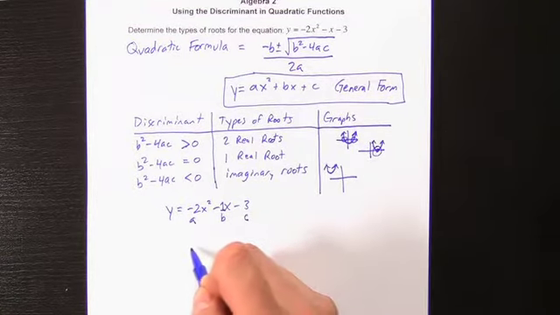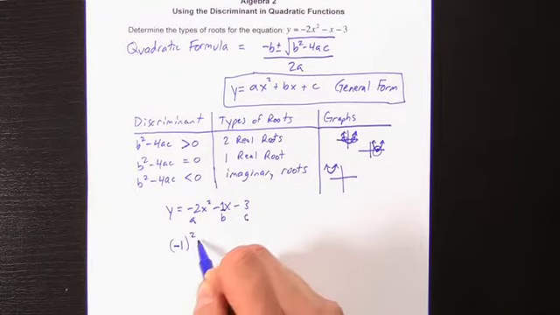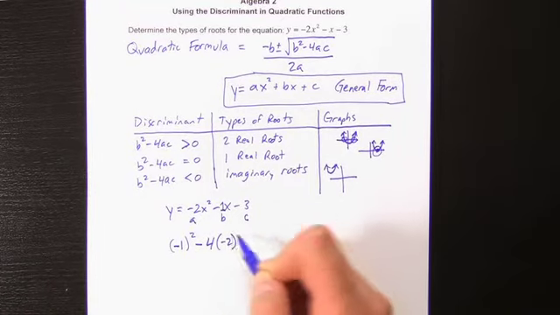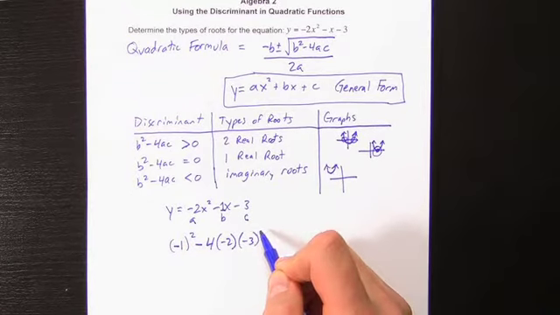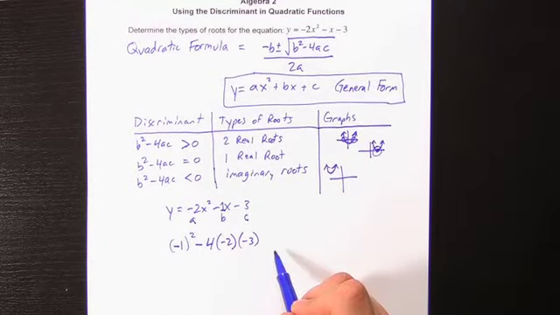So to figure this out, I would say that you have negative 1, or b squared, minus 4 times negative 2, because that's our value of a, and negative 3, which is our value of c. So if I figure this out, I can determine what kind of roots I have for this equation.